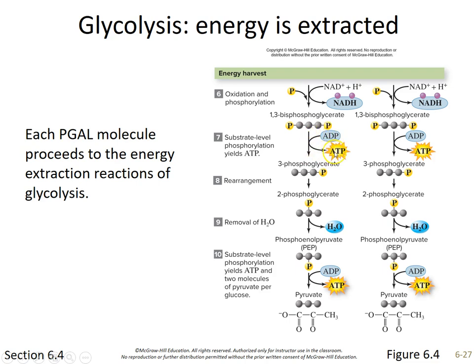The ADP becomes recharged as ATP, and then we are left with 3-phosphoglycerates. Then the 2 phosphoglycerates, once they're rearranged, the removal of water leaves us with phosphoenolpyruvate, or PEP, and then substrate-level phosphorylation yields ATP and 2 molecules of pyruvate per glucose.